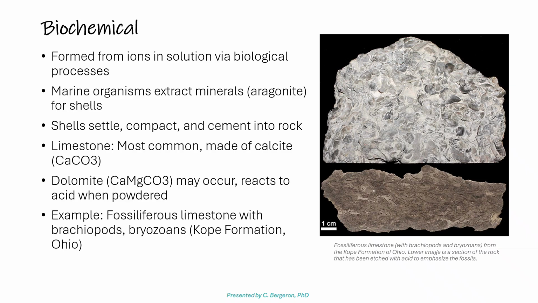Limestone's a really interesting one because you can have limestone a number of different ways. What is limestone? Limestone is a sedimentary rock that is mostly made up of calcite. And calcite can crystallize in a number of different ways. Biochemically, it can precipitate and form the rock limestone.